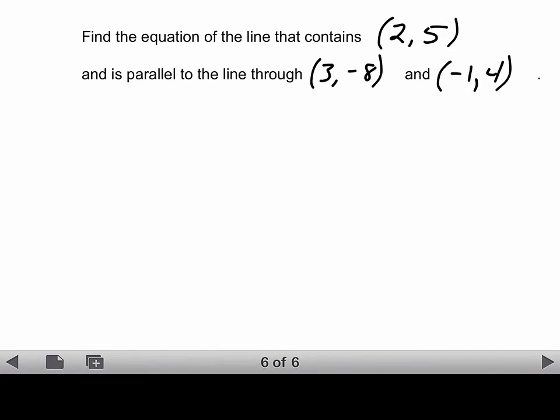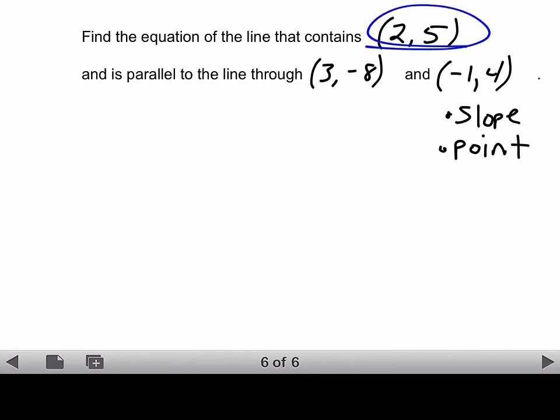Finally, we're asked to find the equation of the line that contains (2, 5) and is parallel to the line through (3, -8) and (-1, 4). Again, the two things that we need are a point and a slope. I have a point. The line contains (2, 5). I need a slope.